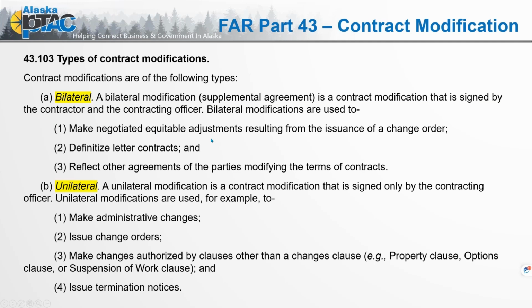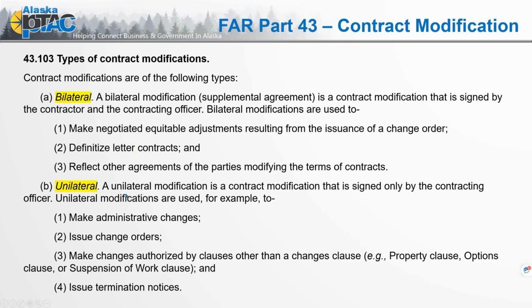We're negotiating those equitable adjustments. Definitize letter contracts and reflect other agreements of the parties modifying the terms of the contract. There has to be agreement when you modify the terms, and of course negotiation if there's a cost impact directed from the modification of terms.